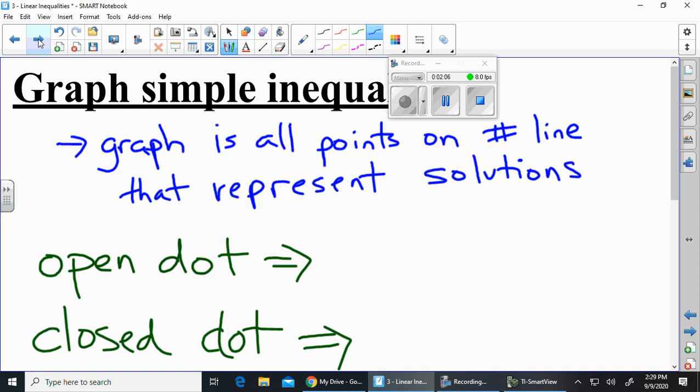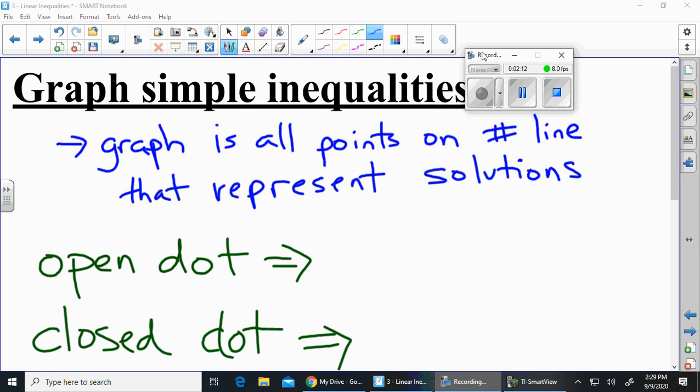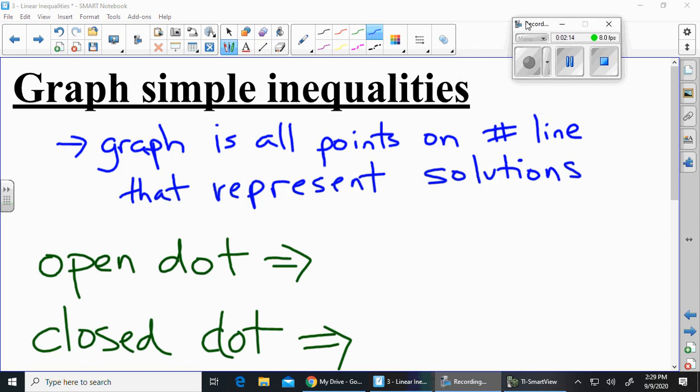There's lots of numbers that will work and make it true. So graphing: when you're graphing a simple inequality, your graph is all the points on the number line that represent those numbers. What we want to remember, open dot doesn't include the number.